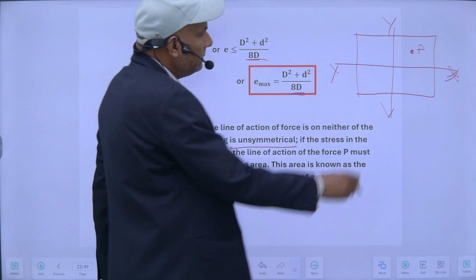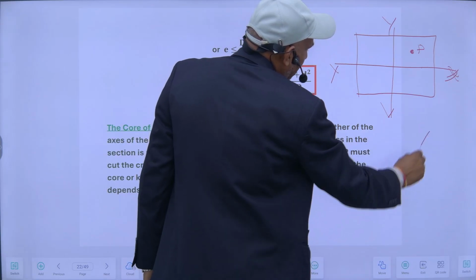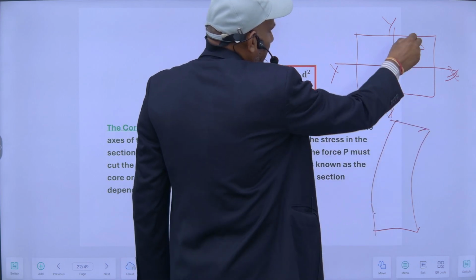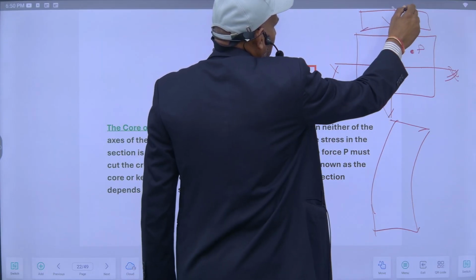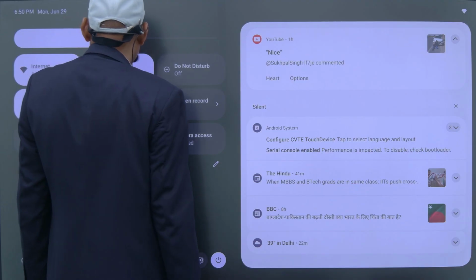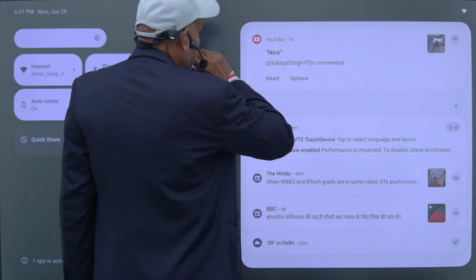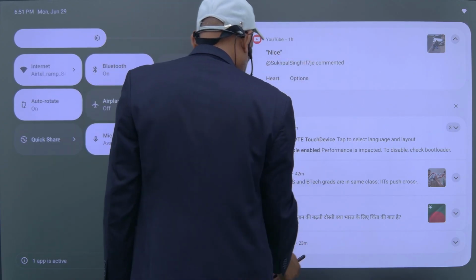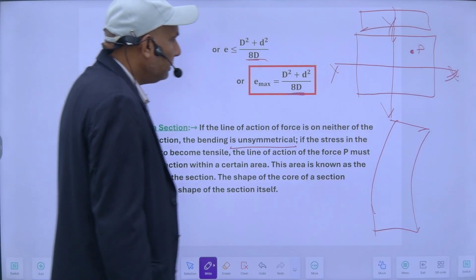It will create compression here. Because of this, it will deflect like this. So this load is acting here. Because of this load, it will bend like this.